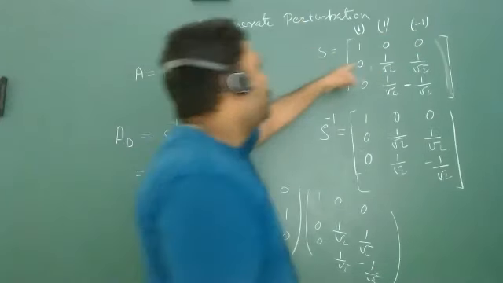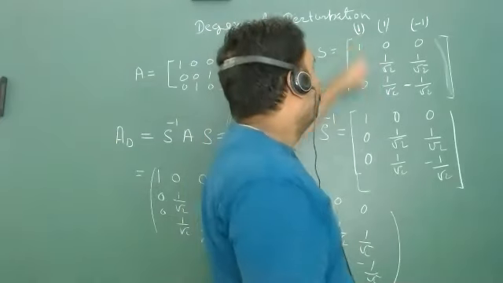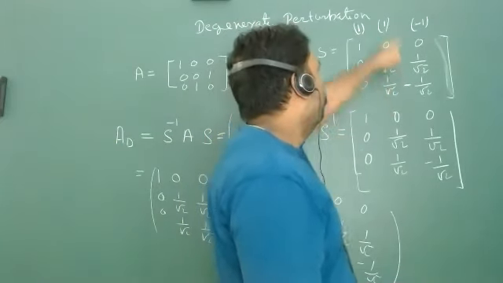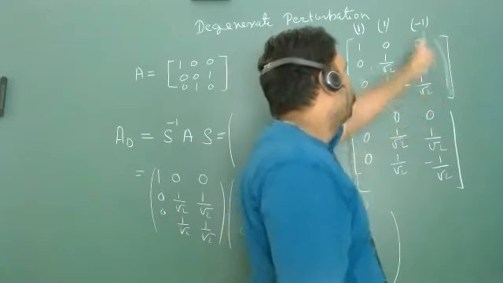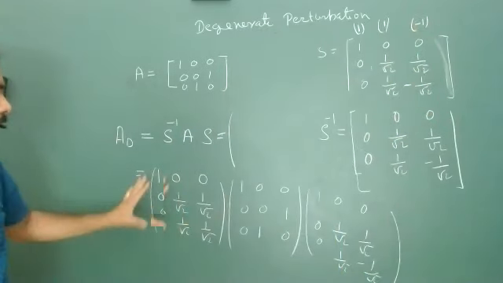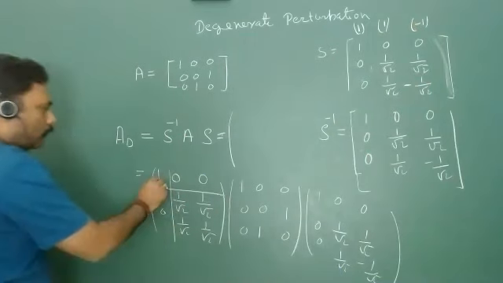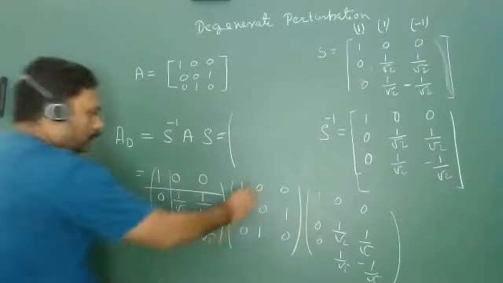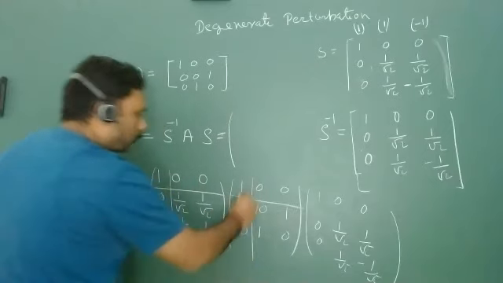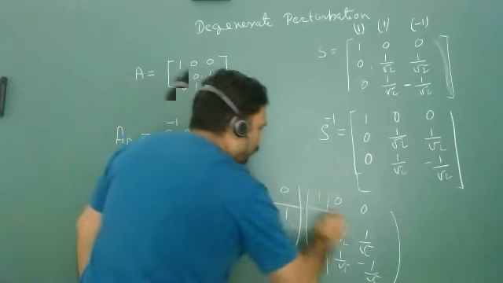Exactly in that basis the S matrix is written: 1 0 0, the eigenvalue is 1; 0 1 by root 2, 1 by root 2, the eigenvalue is 1; 0 1 by root 2, minus 1 by root 2, the eigenvalue is minus 1. And you can also see the symmetry. After 1 0 0, 0 0 is here, here also, and here also.